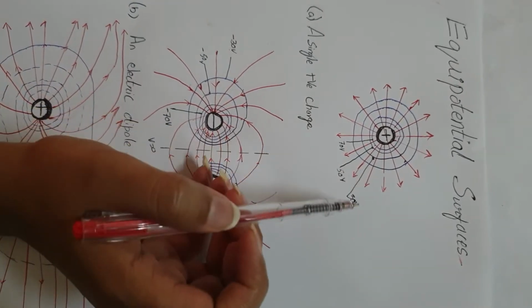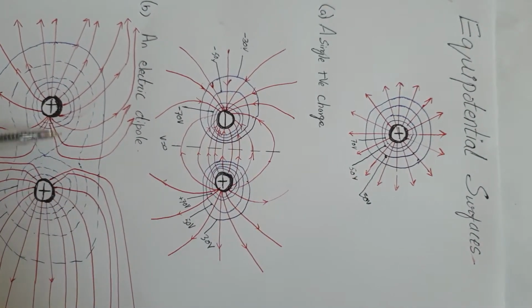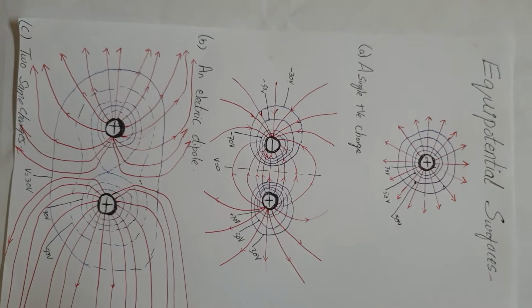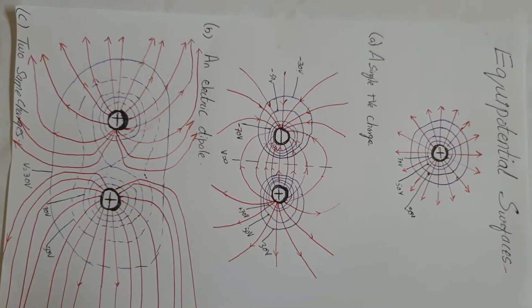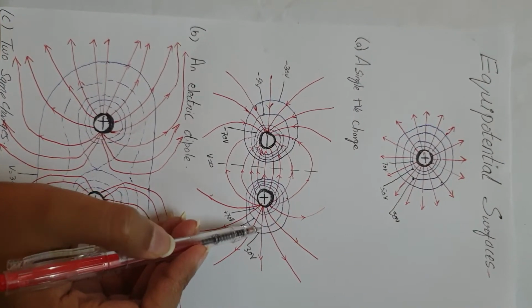Here the field lines of charges are represented by red color, and the intersection of equipotential surfaces with this plane, the cross section of the surface, is shown by blue color.